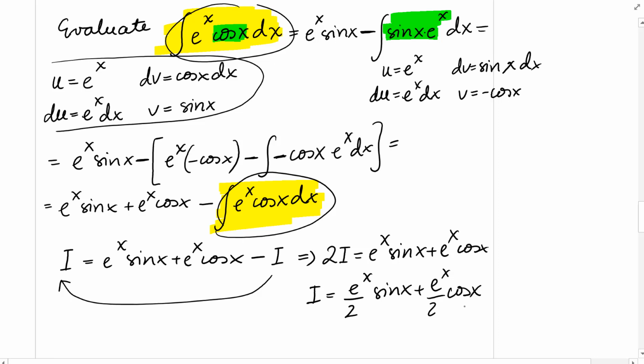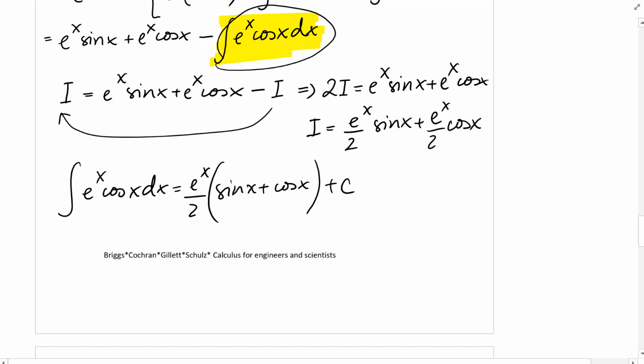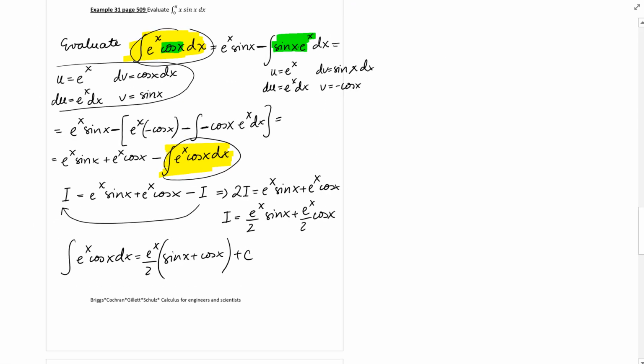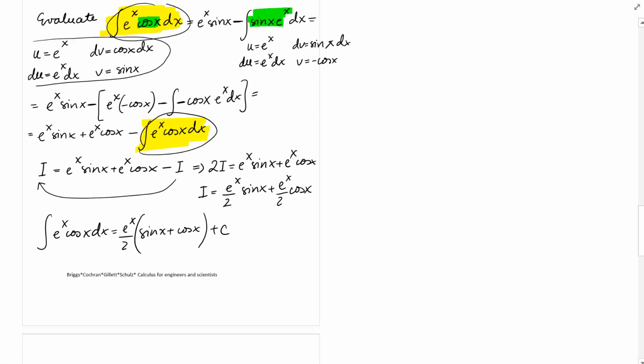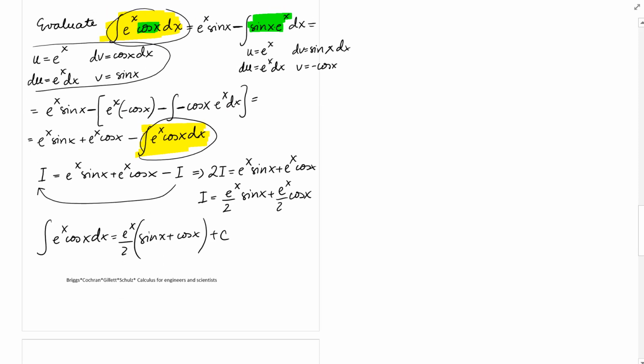Or in other words, the integral that we had to calculate, integral of e to the x cosine of x dx, is e to the x over 2 sine of x. I can actually factor out e to the x over 2, sine of x plus cosine of x, plus c. So when we have trigonometric functions like this one, we actually move in circles, right?